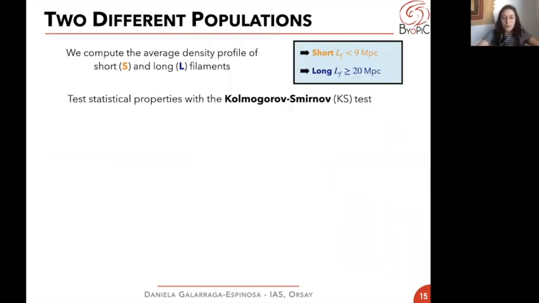I computed the average density profile of all the short filaments and of all the long filaments, and we wanted to test the statistical properties of these density profiles.